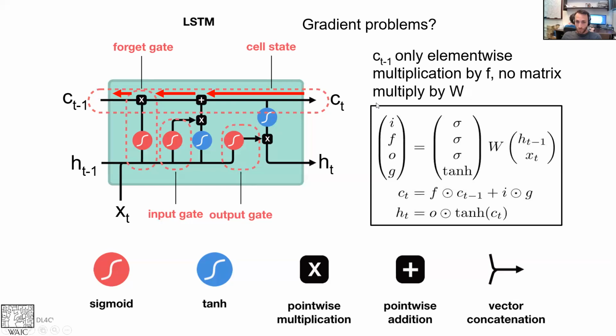And this will allow us to have some gradient highway, to have the gradients flow backwards in time without interruption or vanishing towards zero because of a matrix exponentiation.